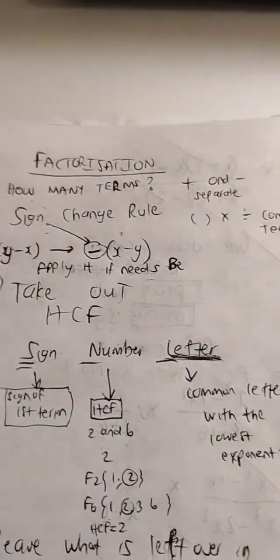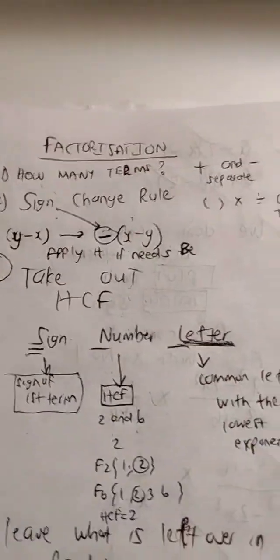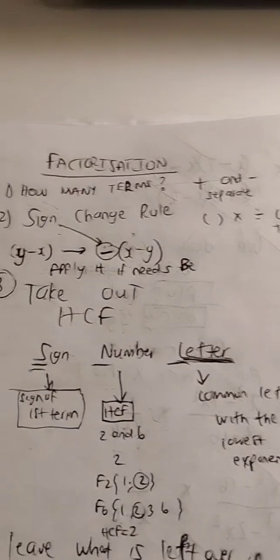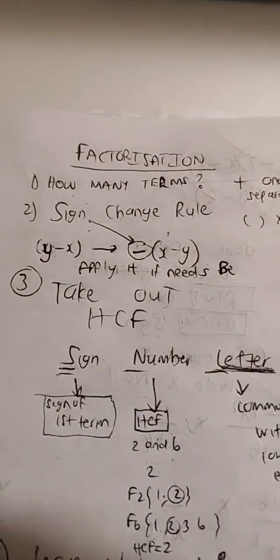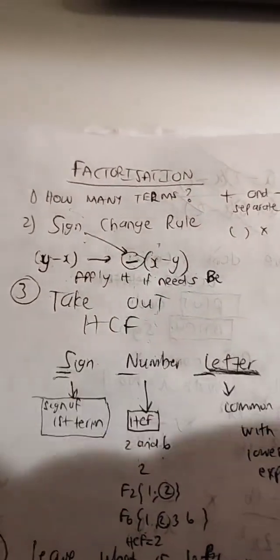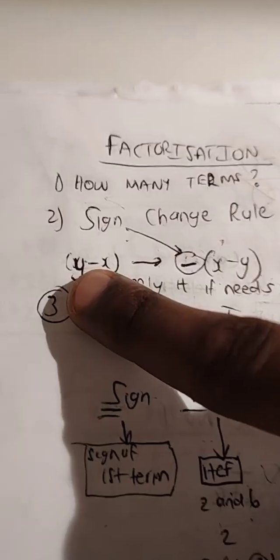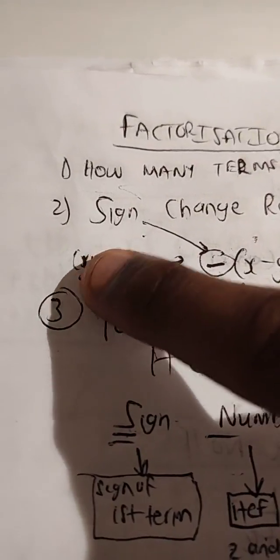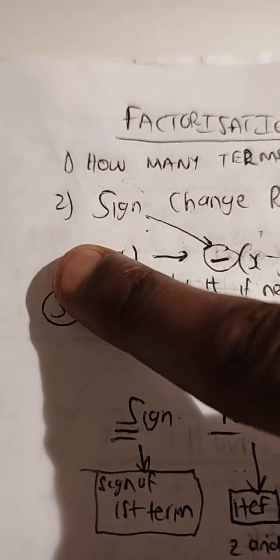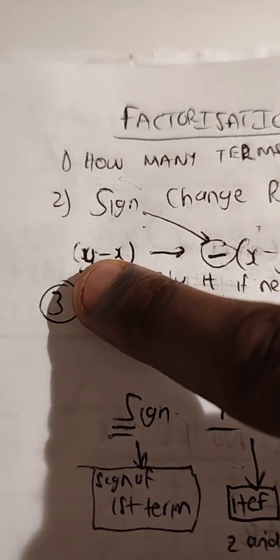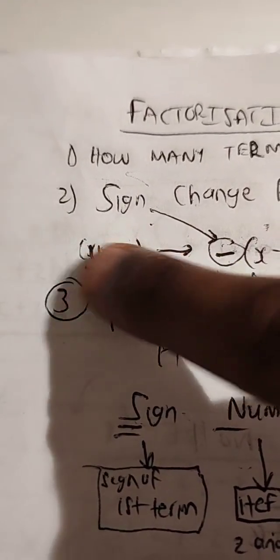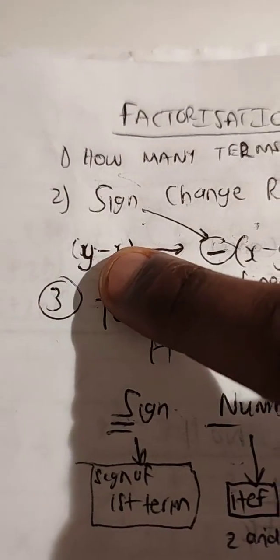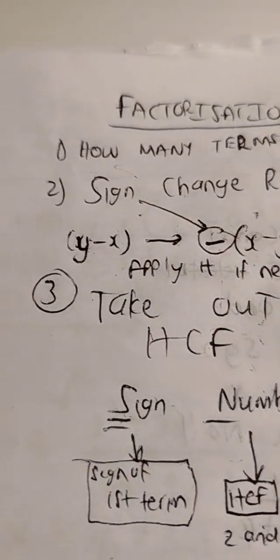Two, you need to then check if the sign change rule needs to be applied in the factorization process. The sign change rule is a rule that affects terms inside a bracket or terms that have a negative sign in between. Let's say I want the order here inside the bracket to not be y minus x, but to be x minus y.